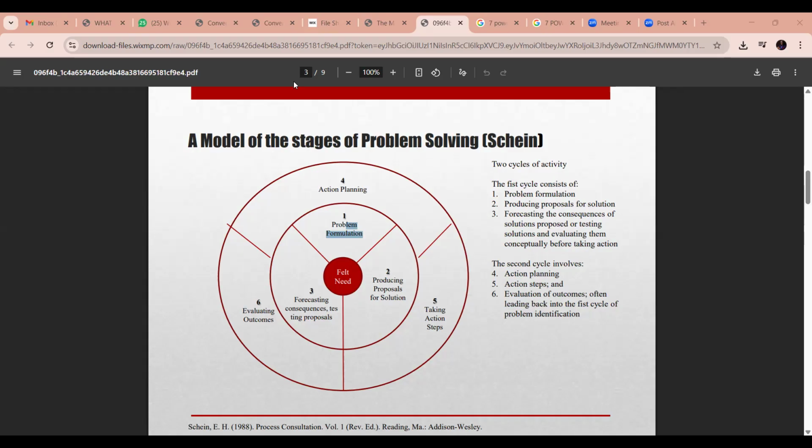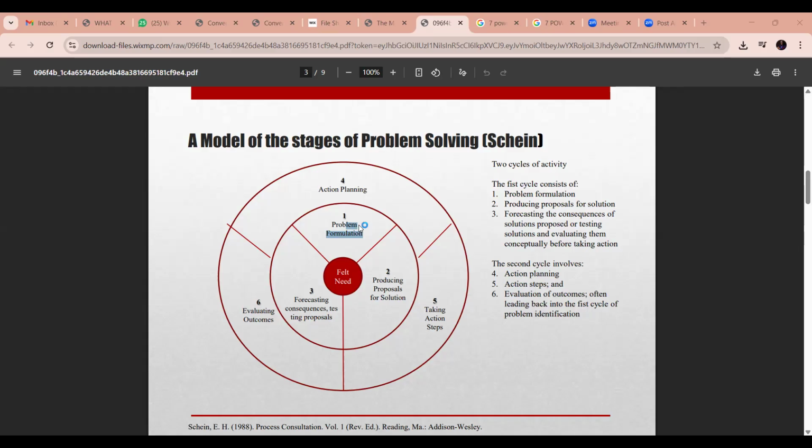Now, Schein here has come up with 6 steps. He has come up with 6 steps because it's the 2 cycles of activity broken into 2. The first cycle is number 1 here, problem formulation. Some people call it the client briefing, when the client tells you, this is what we are going through.